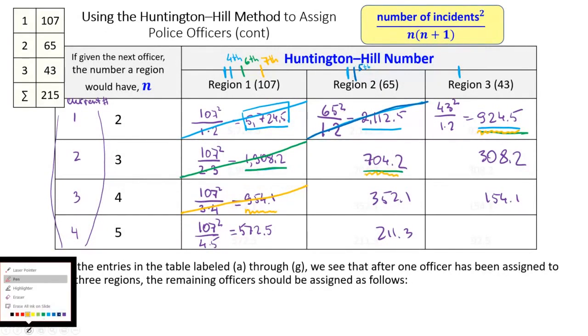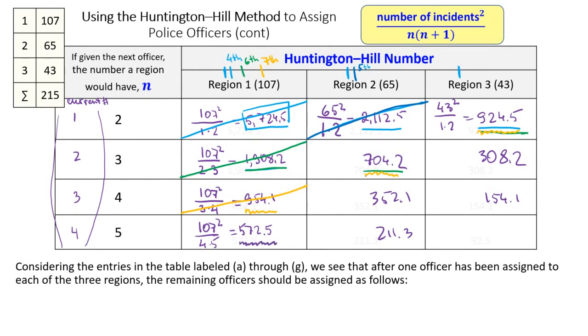So in this case, if there will be an 8th officer, then we look at the numbers that are left in the table, and the greatest number will be 924 for region 3. So the 8th officer will be assigned to region 3.